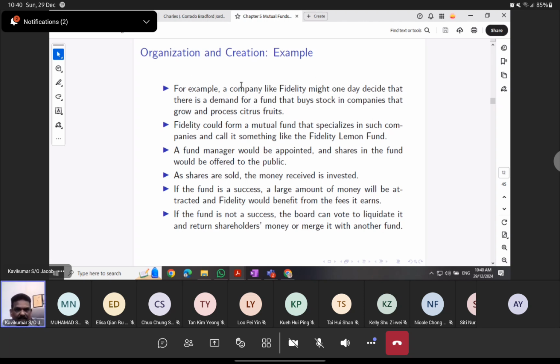For example, a company like Fidelity might one day decide that there is a demand for a fund that buys stock in companies that grow and process citrus fruits. Like I told you just now, the orange fruit.